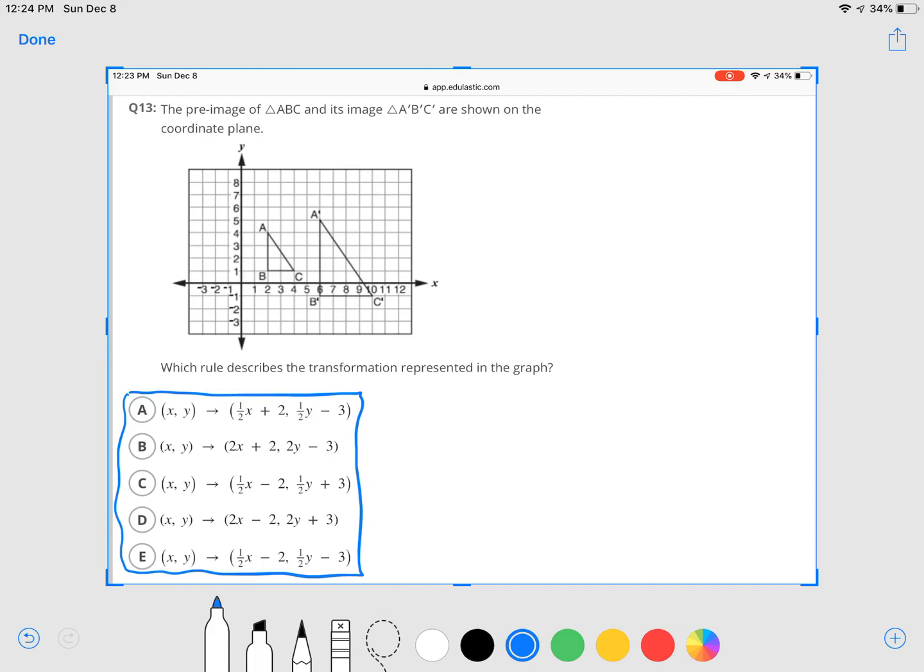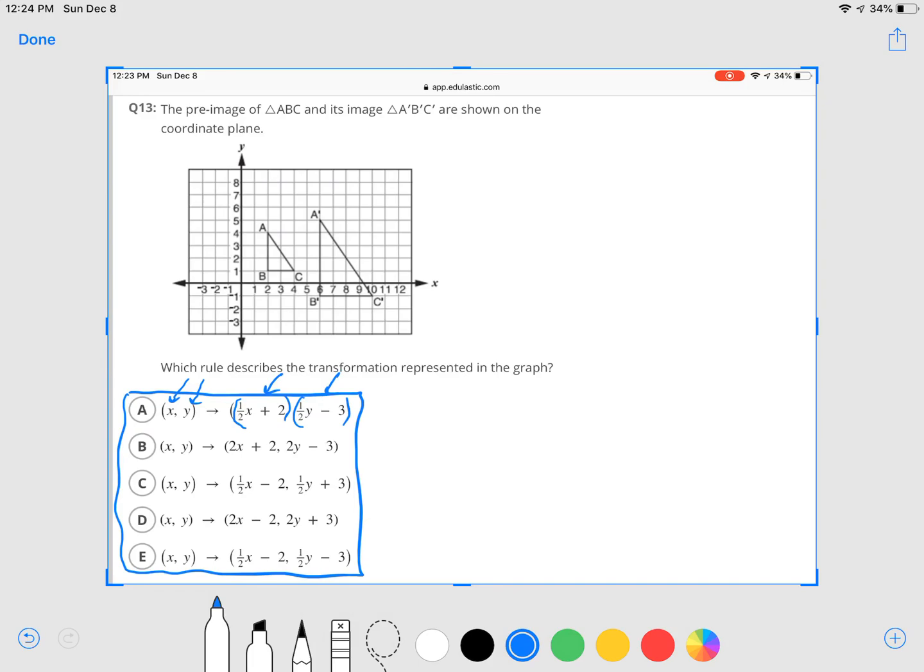What was convenient about these rules is that you can literally plug coordinates into the x and the y values, and when you go ahead and evaluate these expressions, like half x plus 2 and half y minus 3, you will literally get the new coordinates.